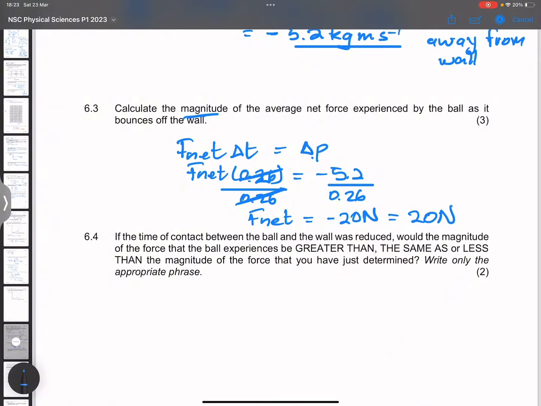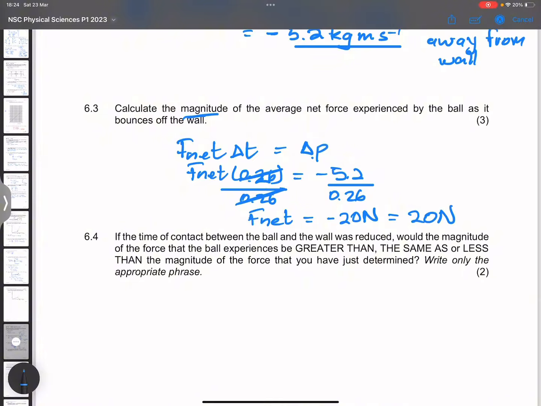Now in the next question they say, if the time of contact between the ball and the wall was reduced, would the magnitude of the force that the ball experiences be greater than, the same, or less than the magnitude that we have just determined? They said write only the appropriate phrase.